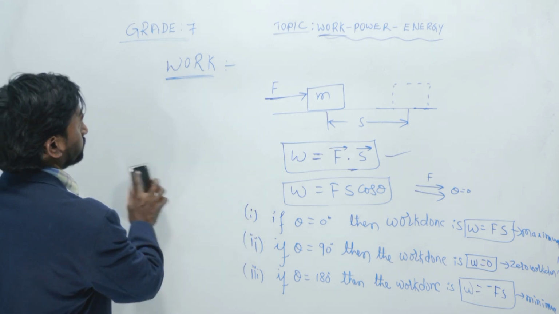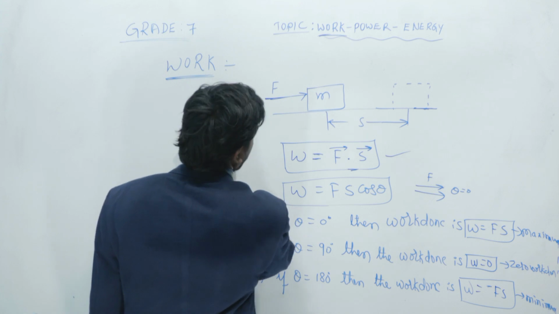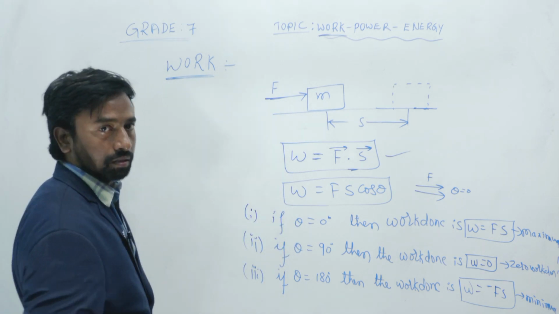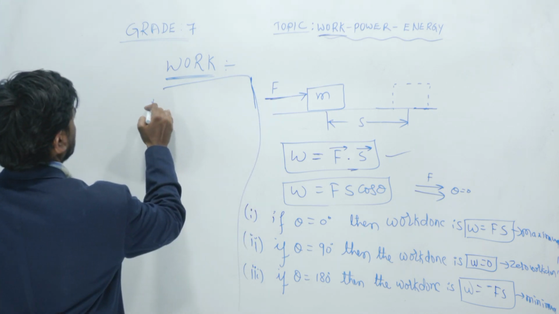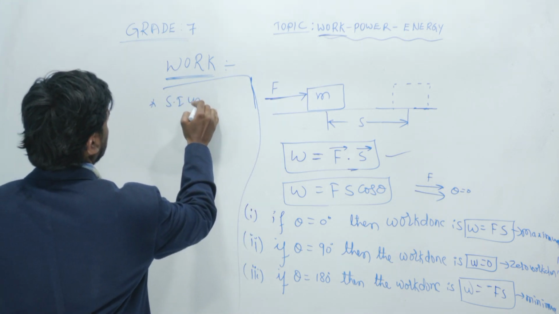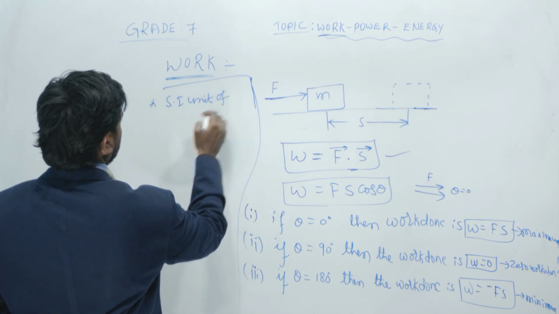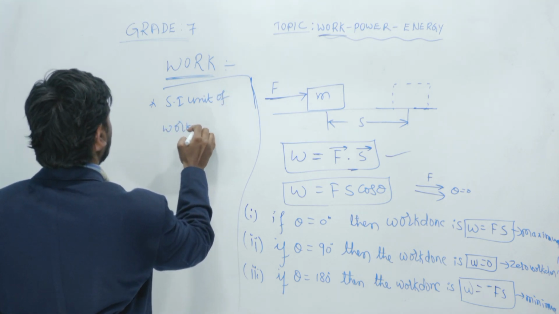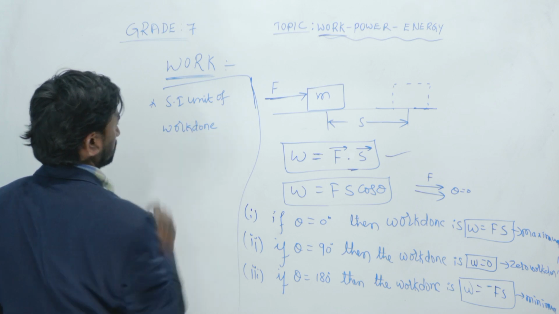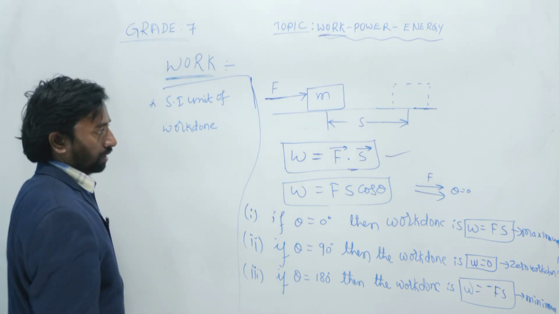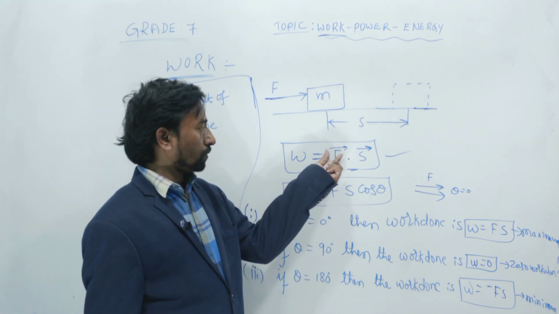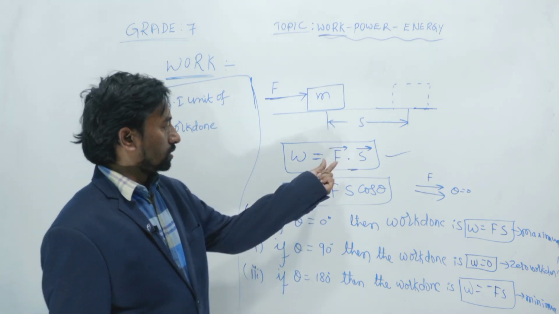Okay, next one. I will write here: SI unit of work done. So what is the SI unit of work done here? From the formula only we will get the SI unit. This is force into displacement. What is the SI unit of force here?